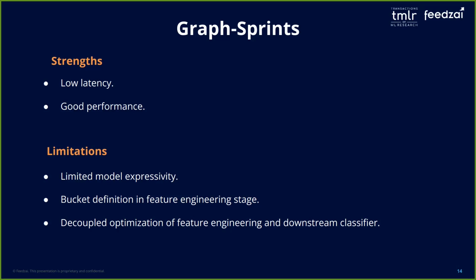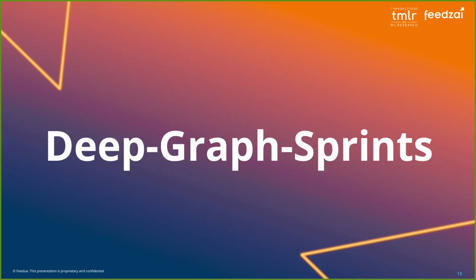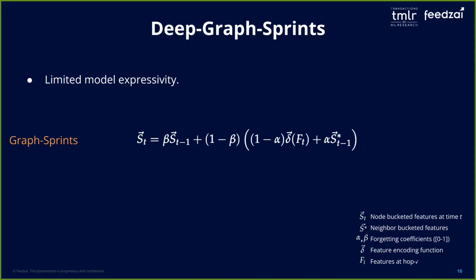Another limitation is the decoupled optimization of the feature engineering phase and the downstream classifier. So in this paper, we propose Deep Graph Sprints, a deep learning approach that addresses the limitations of Graph Sprints while maintaining its advantages in low latency inference time.